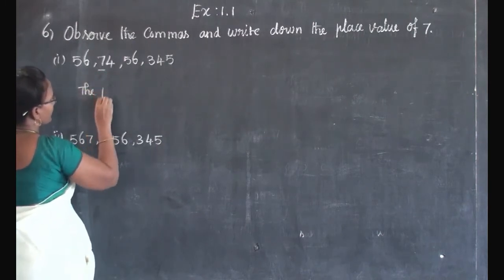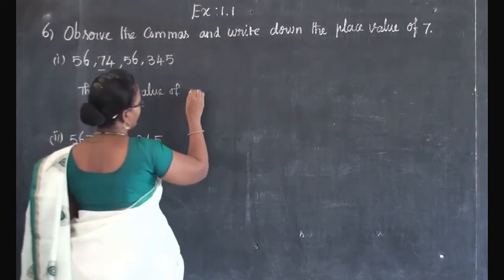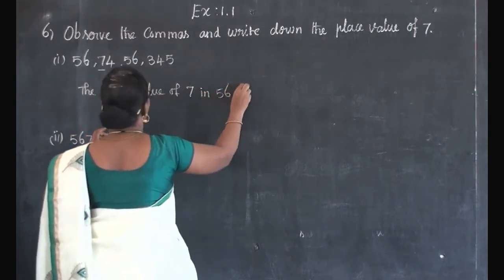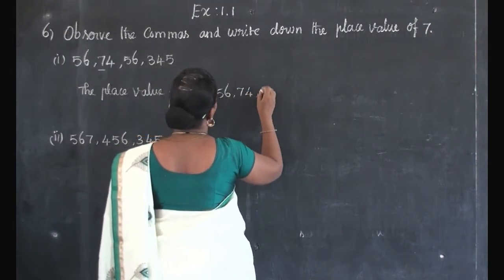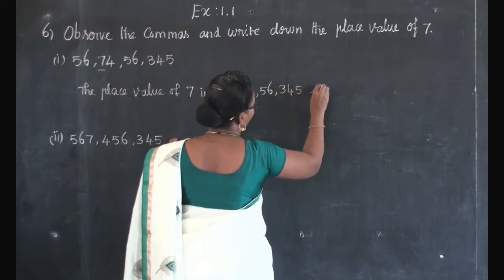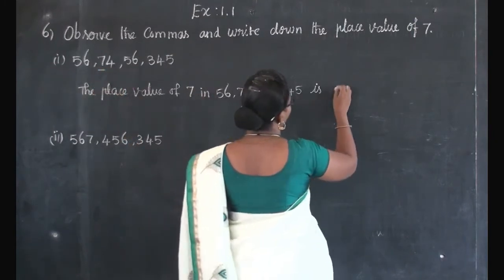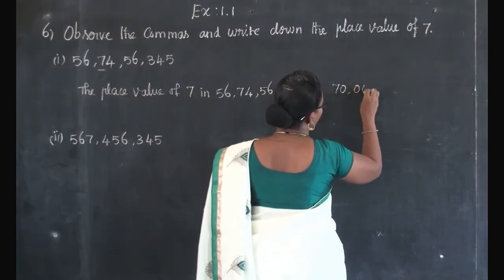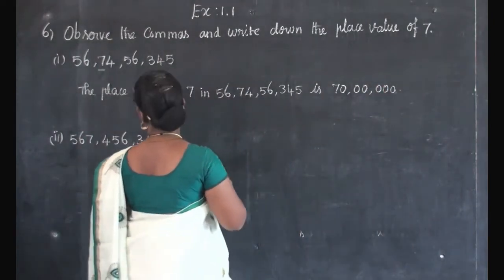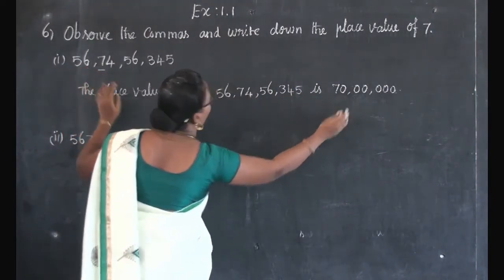So the place value of 7 in 56 crores, 74 lakhs, 56,345 is in the 10 lakhs place. So 70 lakhs. That is the answer. After 7, you put zeros in the answer.